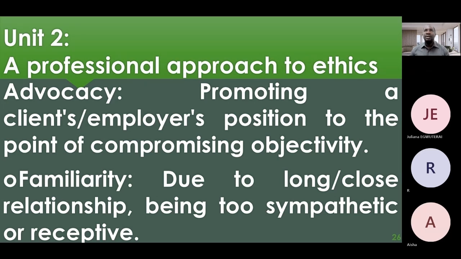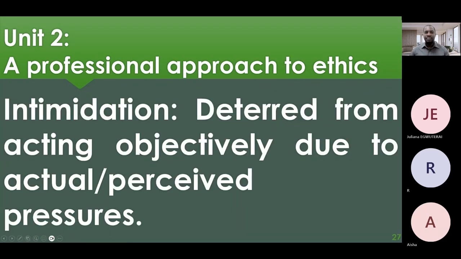It's like a medical doctor that is supposed to perform surgery and he's pitying the client. If he pities the client, he doesn't do the necessary thing. The client may die. So as chartered accountants, we have businesses at our fingertips, and the life and death of those businesses is in our hands to some extent. So we need to be objective, tell the truth, say it as it is, so that hard decisions will be made to move that company forward. So familiarity threat must be avoided.